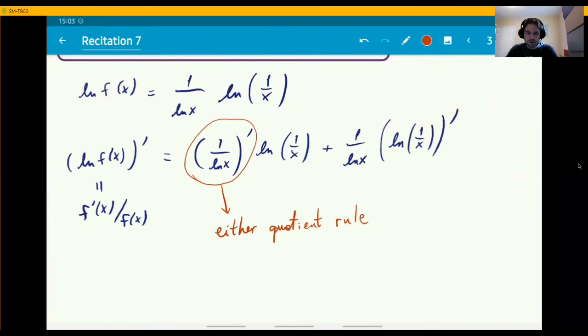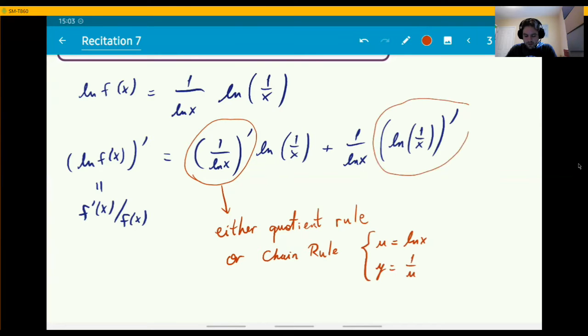So that would be very easy. Or you can do this by chain rule. If you regard this as a composition, the inner function is ln x, and then what you're doing with that later is taking its reciprocal, 1 over that. So you can have this type of chain rule here, inner function ln x, outer function 1 over that, and try to see what happens there.